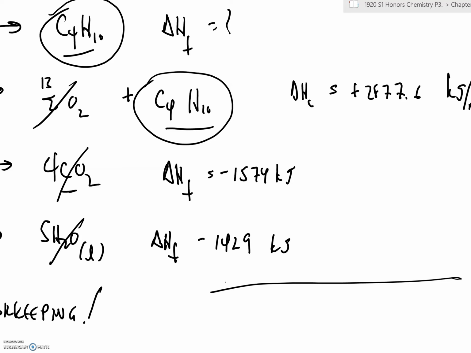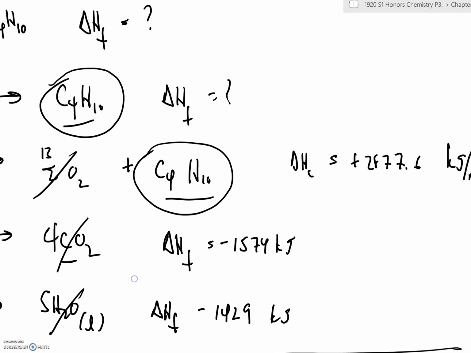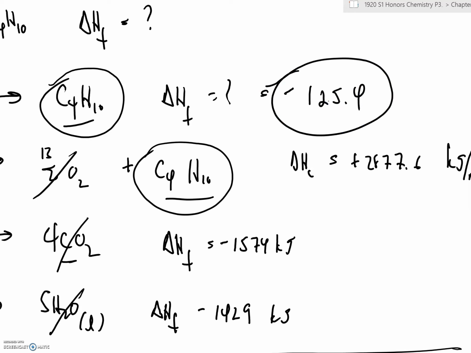And we're going to subtract from that 1,429. And we get negative 125.4 kilojoules. This is the heat of formation of butane. Okay, that's our answer. That's all we're looking for. Okay, so take it for a spin, and hopefully that helps.